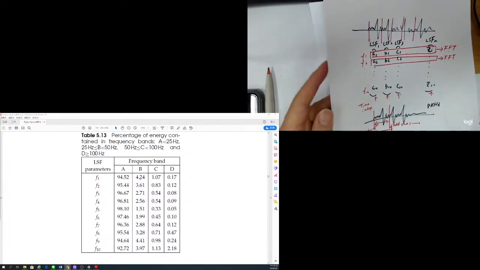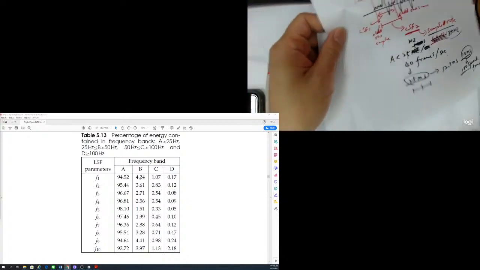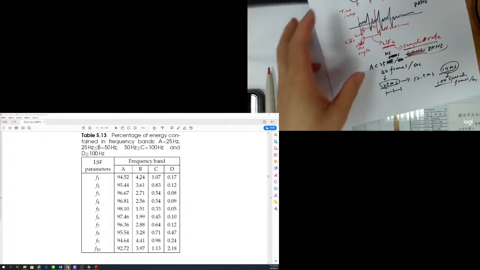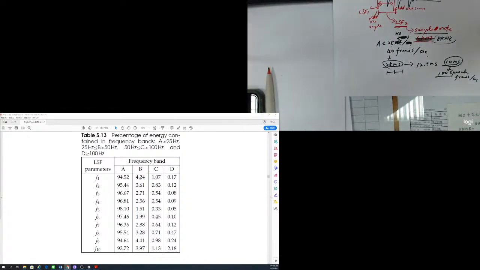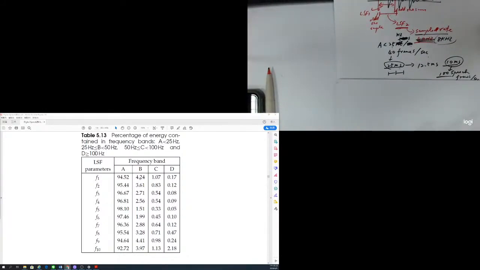A indicates your frame size is 25 milliseconds. So the A frequency band indicates you have 40 frames per second. Each frame is 25 milliseconds, 25 milliseconds per frame.